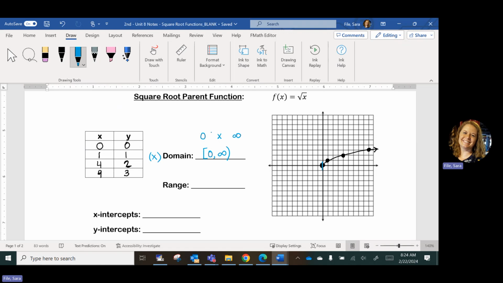So the inequality should be opening to the x, and it can include the 0. Okay, but the x is never going to reach infinity, so we're not going to have the or equal here, and x is going to have to be less than infinity. So x is greater than or equal to 0, but less than infinity. So x is somewhere between 0 and infinity, and it can include the 0.